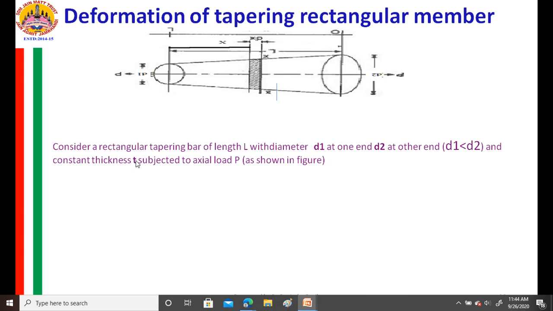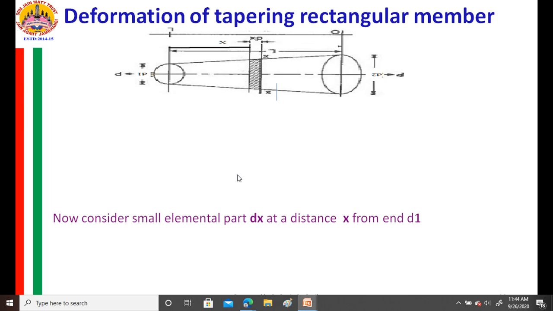Here thickness won't come into the picture. It is subjected to an axial load as shown in the figure. Now consider the small elemental part dx at a distance x from the end d1. Here we are calculating the diameter of the member, and we call it d subscript x.